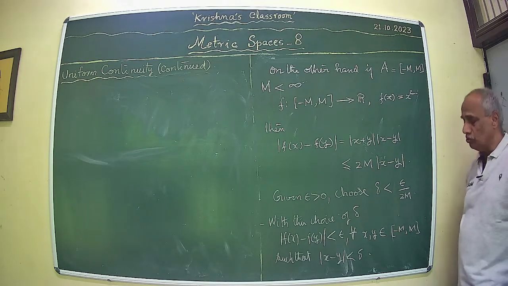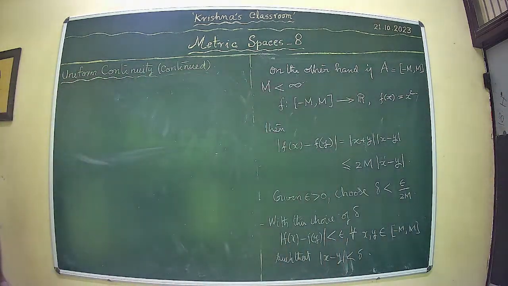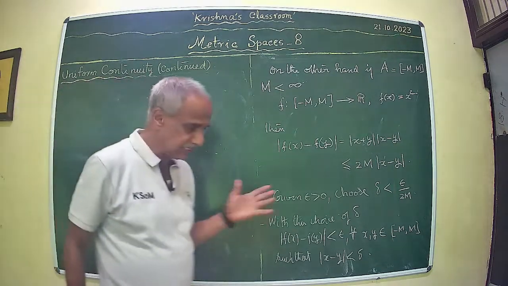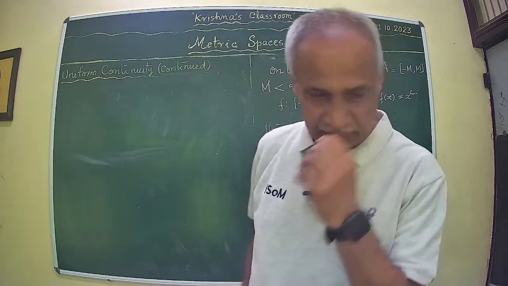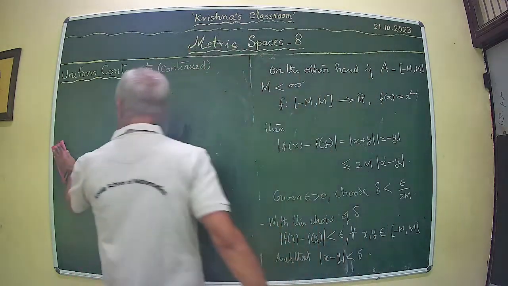And then you have the natural questions. Can you connect it to the nature of the sets or the function, and how some general theorems can be proved in this regard?